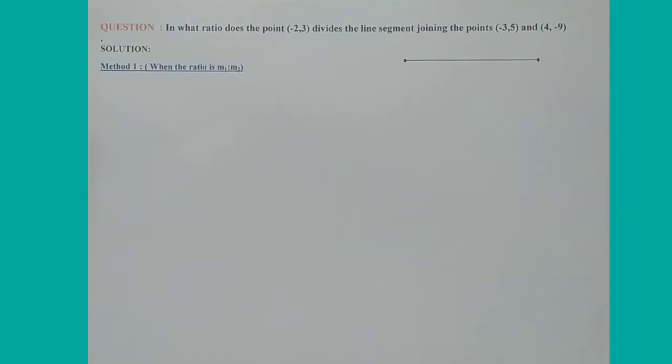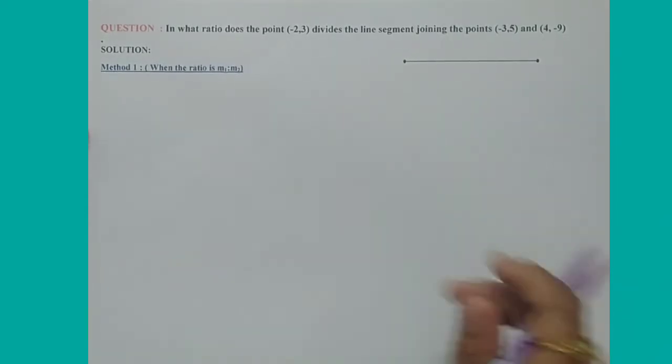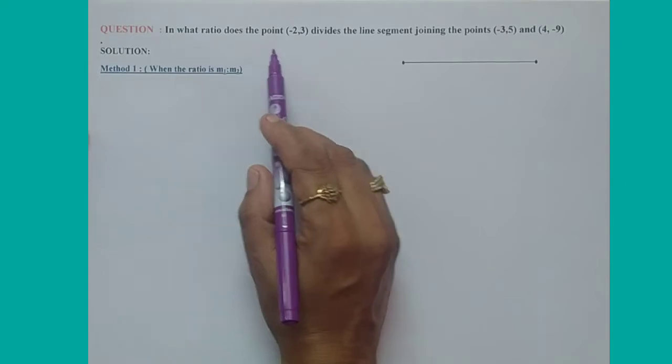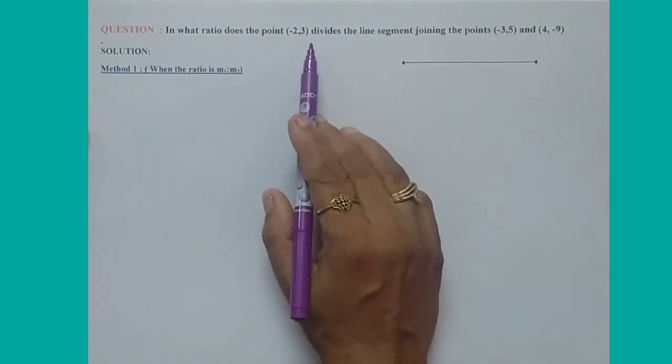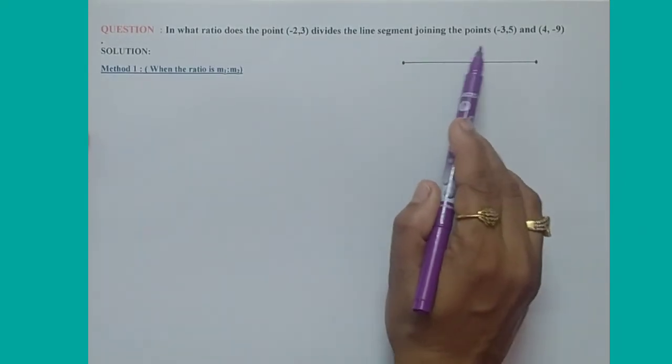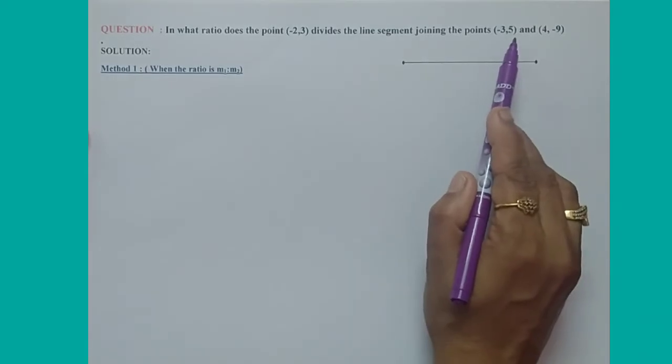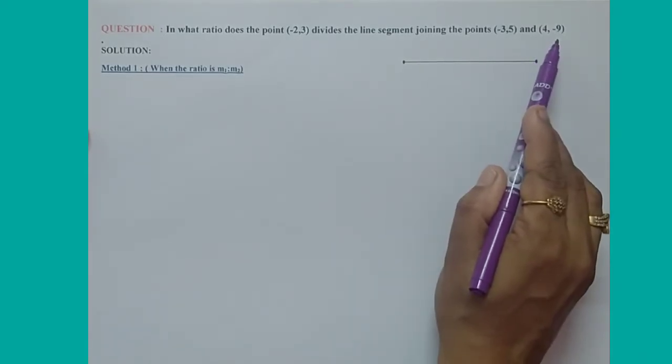Now the discussion regarding how to find the ratio when the coordinates of a line segment are given. Listen to this question. In what ratio does the point (-2, 3) divide the line segment joining the points (-3, 5) and (4, -9)?